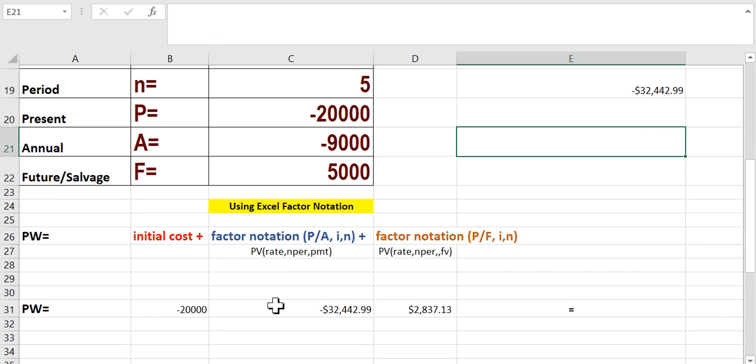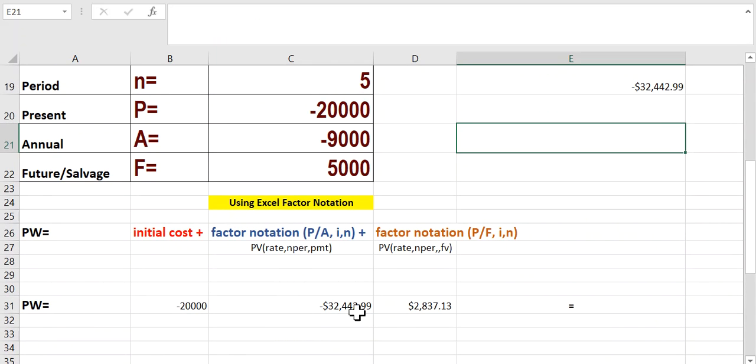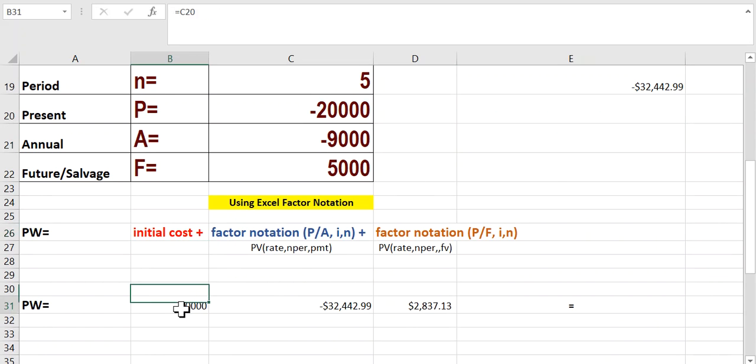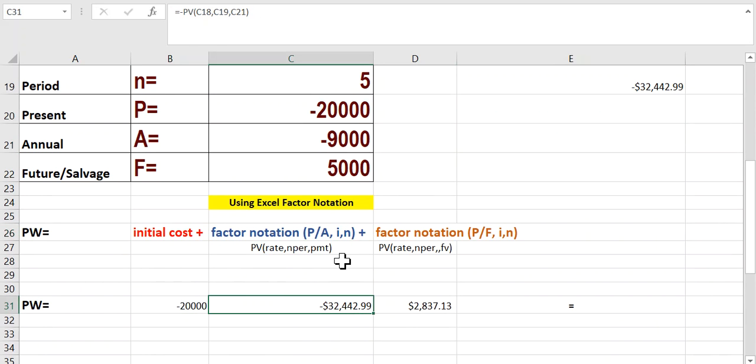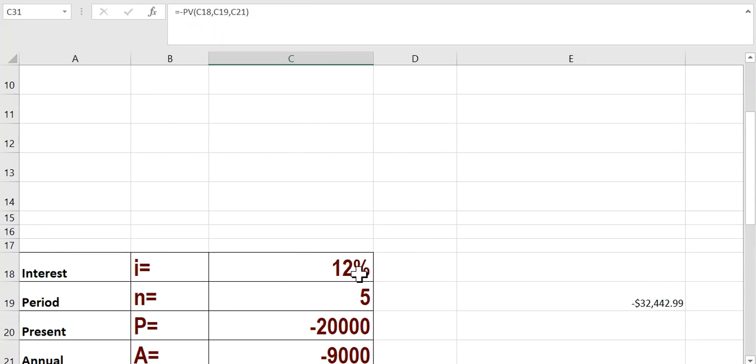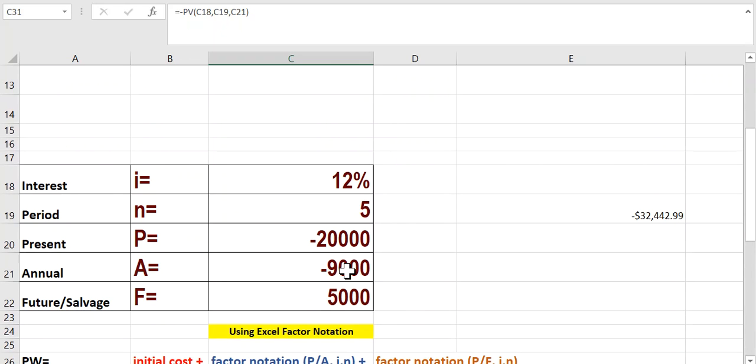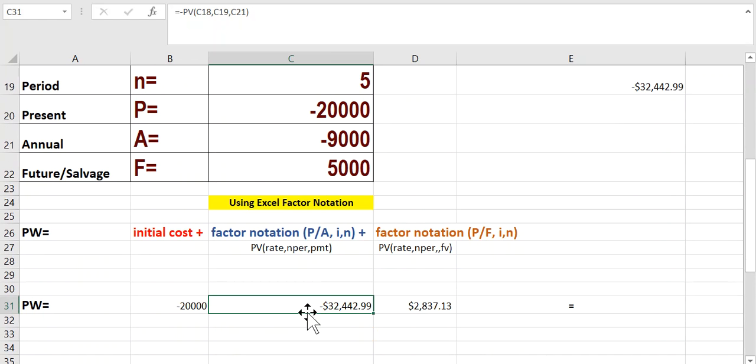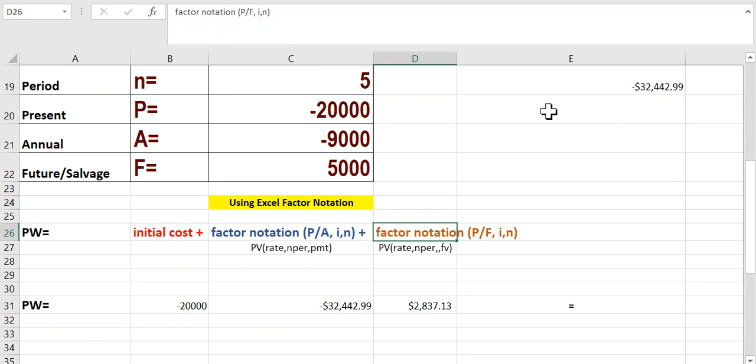So this is A. And here you can see this is the initial cost. This is A. I transferred all the payments that I'm paying every year. I send them all to P. So I'm finding the equivalence of them. This is done. Future is the same thing.